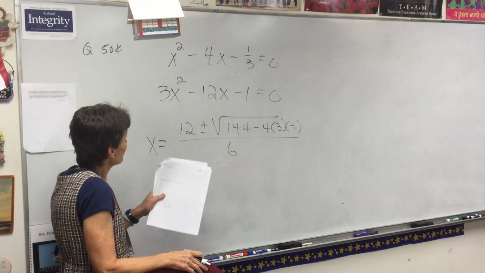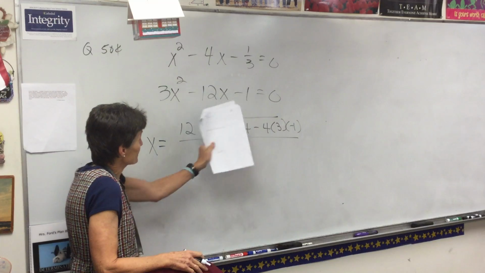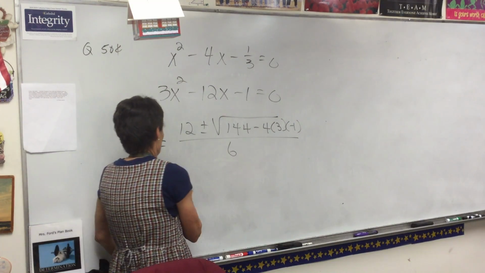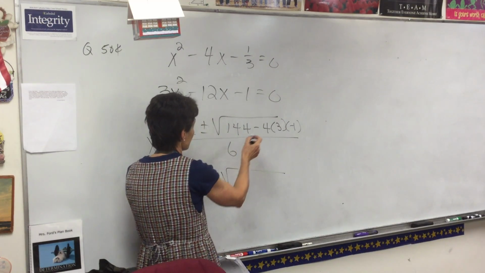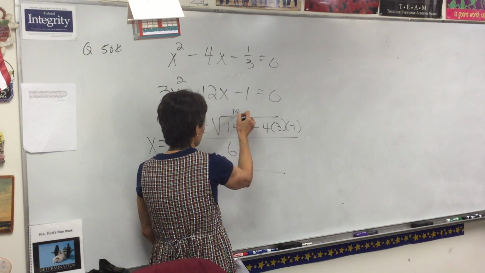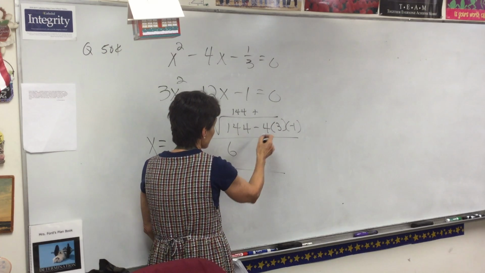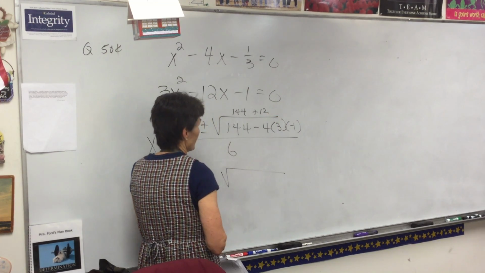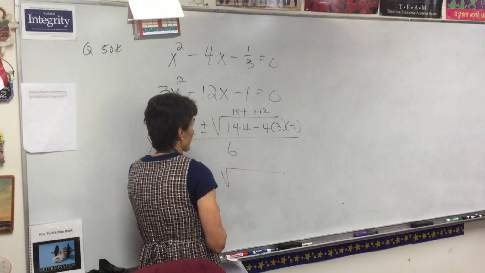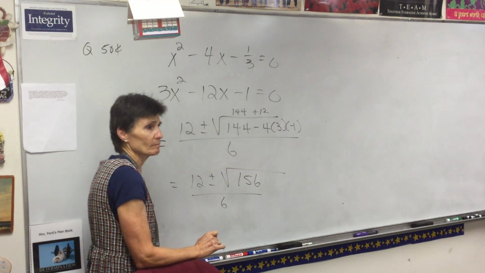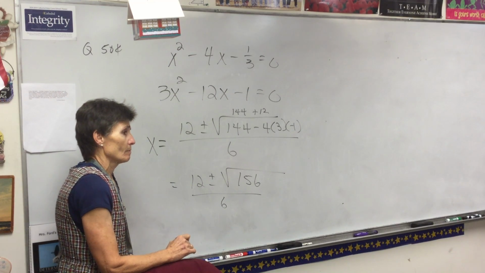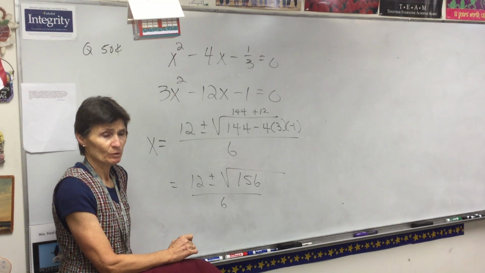A is 3, b is -12, c is -1. So let's see, that's going to end up being a plus, so it's going to be 144 plus 12, 156. Everybody still with me? Let's review.